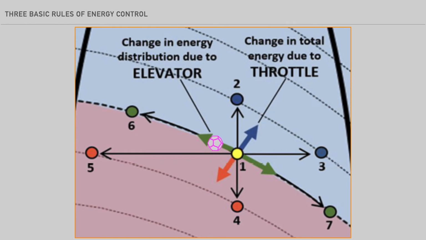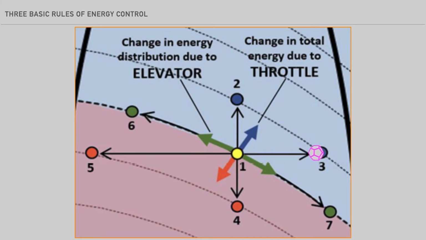As we saw earlier, moving along a line of constant energy from position 1 to 6 or 7 is accomplished by the use of the elevator only, that is, the redistribution of energy along a given height line. However, moving the airplane from position 1 to, say, position 2 or 3 requires a higher throttle setting to increase the total energy.